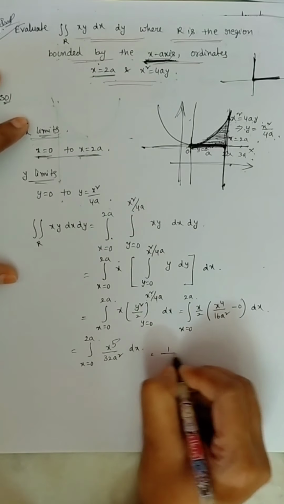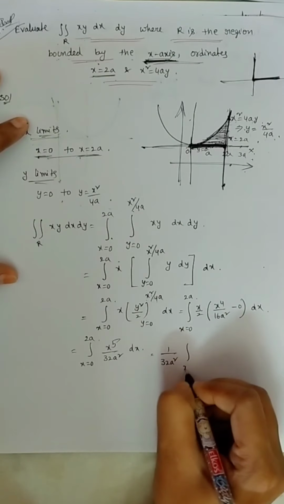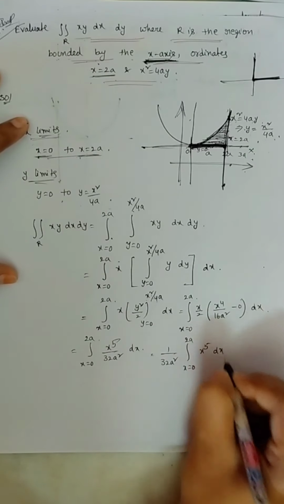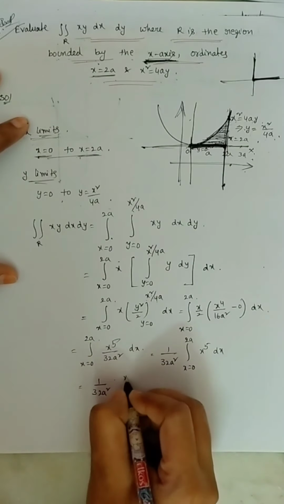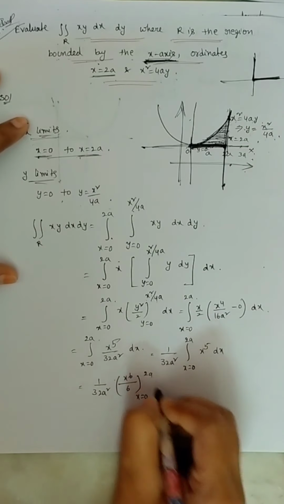So this equals 1 by 32a square into the integral x equals 0 to 2a of x power 5 dx. This equals 1 by 32a square into x power 6 by 6, limits x equals 0 to 2a.